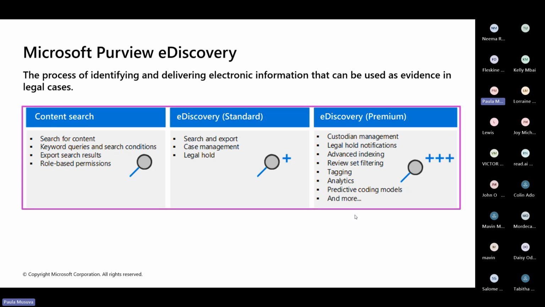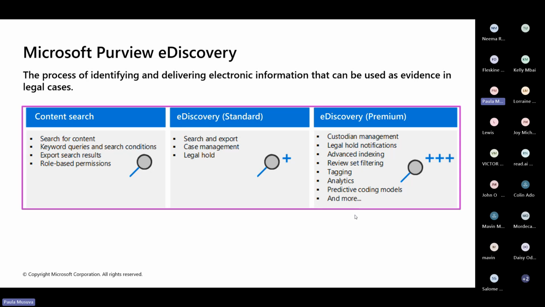So with the e-discovery standard, you're able to do the search that we've talked about, the content search capability, and you can see you can handle these based on specific cases. So you have case management that you have enabled, and also you can put content on hold, on legal hold, as relates to the case.